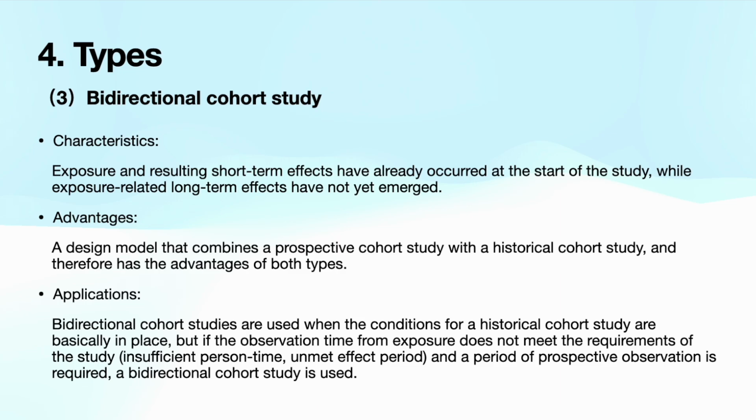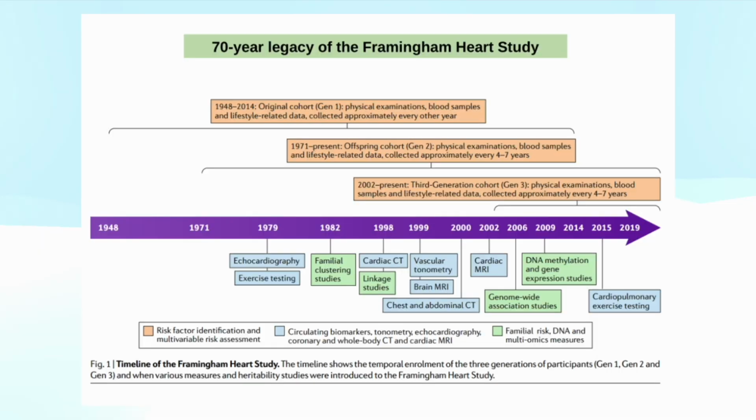But if the observation time from exposure doesn't meet the requirements of the study, like insufficient person time or an unmet effect period, and a period of prospective observation is required, a bidirectional cohort study is used. This 7-year legacy of the Framingham Heart study is a typical cohort study.